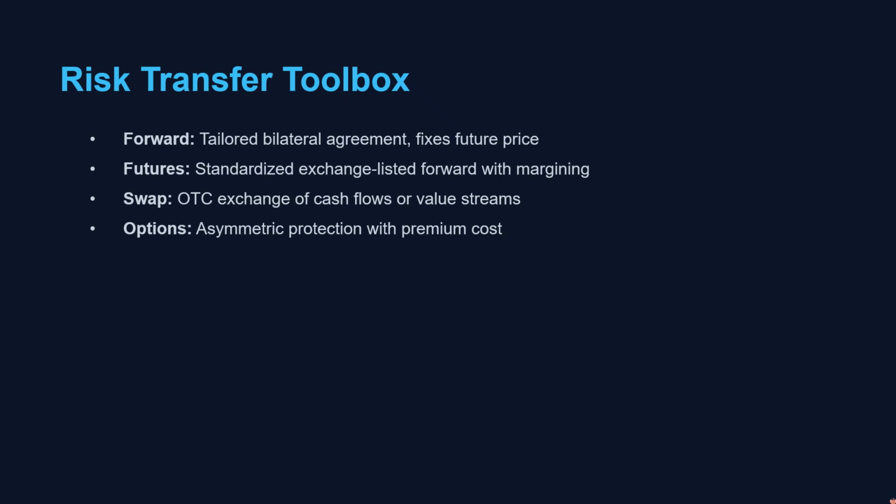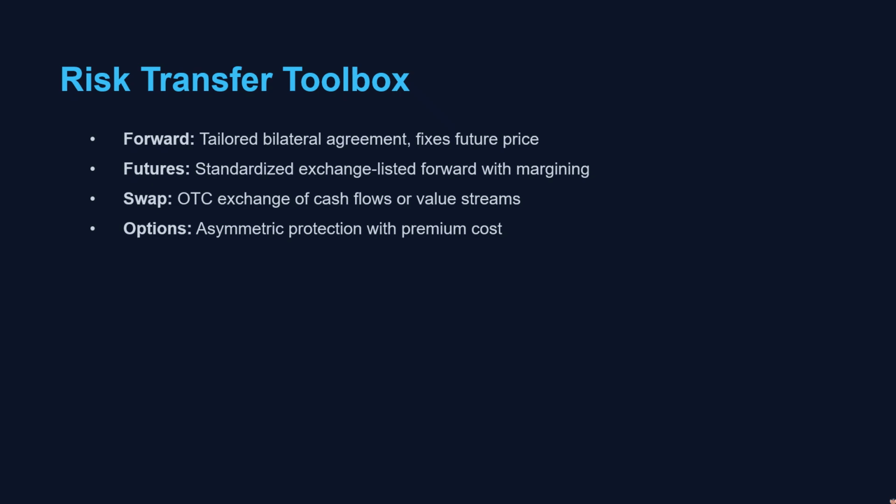A swap is an exchange of cash flow streams. Common examples are interest rate swaps and currency swaps. Swaps are powerful because they let firms transform exposures without changing the underlying asset or liability. An option, on the other hand, gives the right, but not the obligation, to buy or sell at a specified strike price. Options provide asymmetric protection.